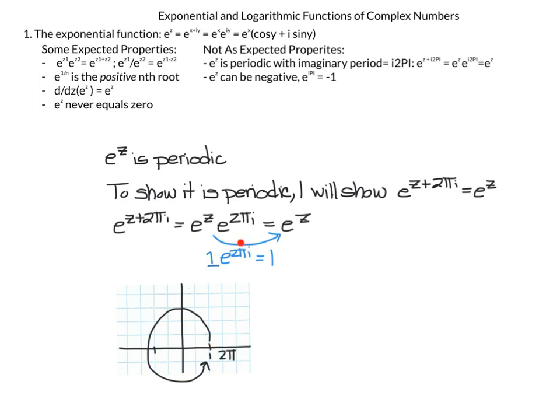And then to find the angle between the positive x-axis, we go around 2 pi, from here, in the counterclockwise direction. So when we come all the way around at 2 pi, we're back at 1. And just looking at e to the pi i, in that case our angle between the positive x-axis and our number is just pi. So we're just going to come around pi radians, and we get to negative 1.